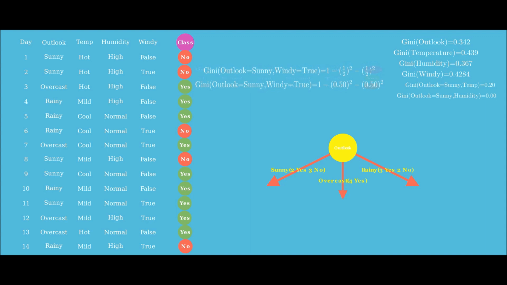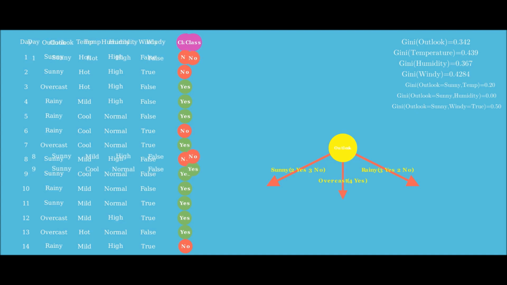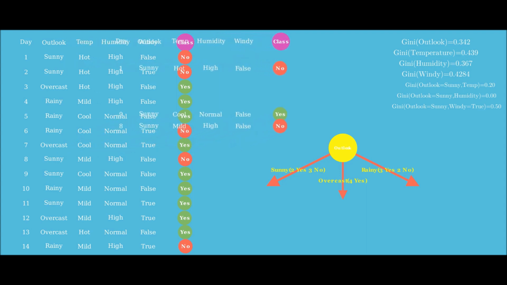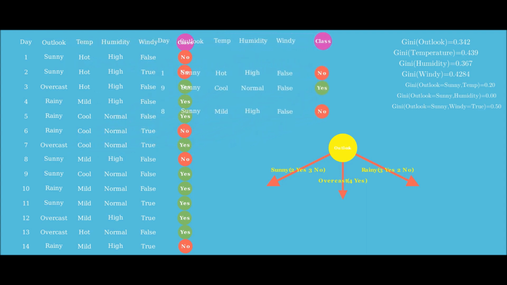Now let us calculate Gini index for feature outlook value sunny, windy value false, and in this case there are one yes class and two no's.